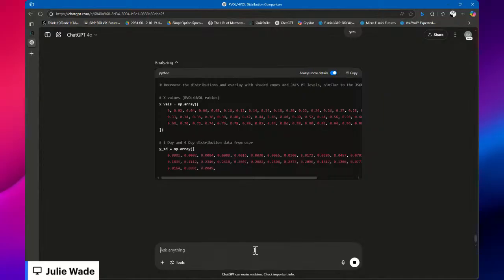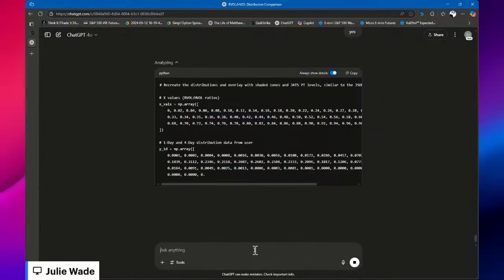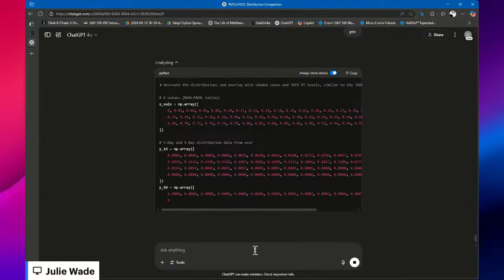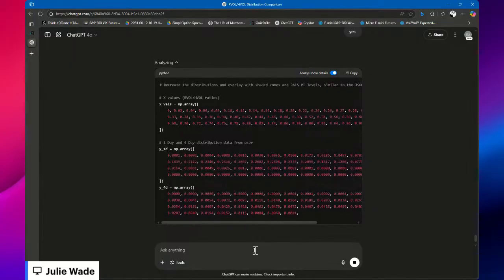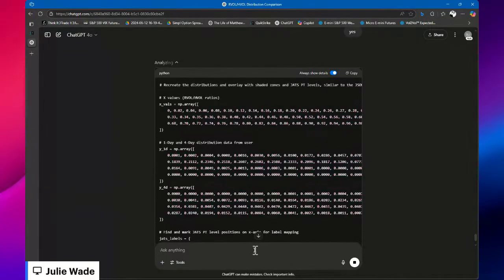I do this a lot where I'll use ChatGPT and Grok together. It really makes it handy to analyze these periods, and using the term structure in this way.